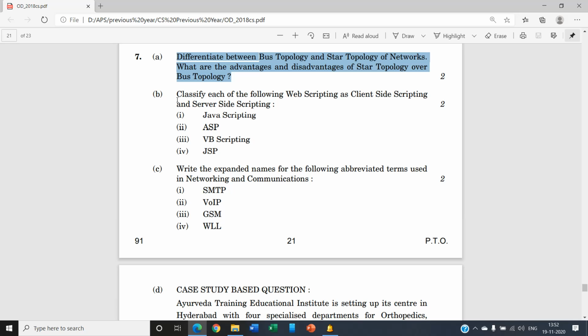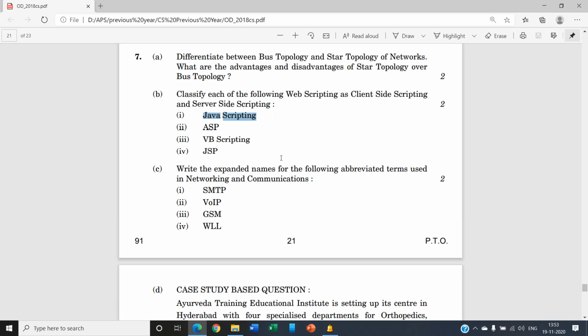For example, consider a web page having two text boxes and a button to add the two values inside the text boxes. Now, if we apply JavaScript, which is a client-side scripting language, it will calculate at the client end and display the result without going to the web server and coming back.